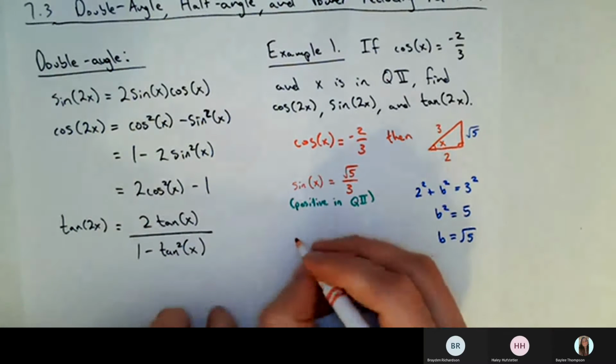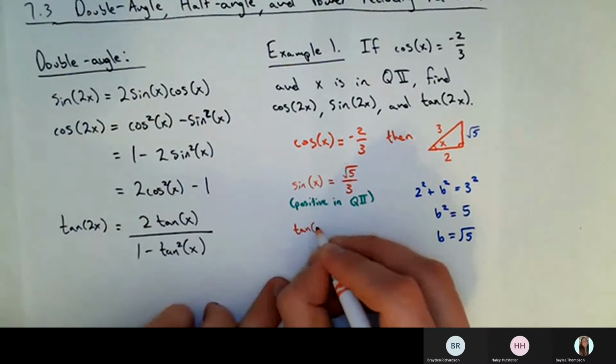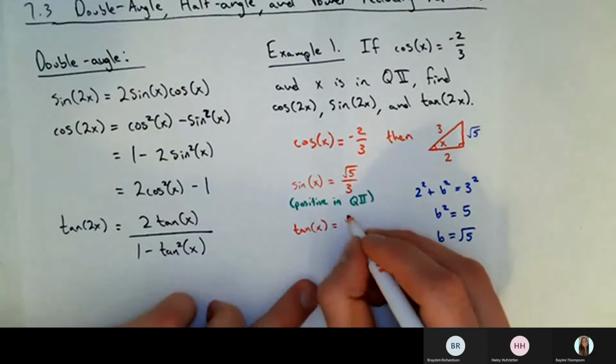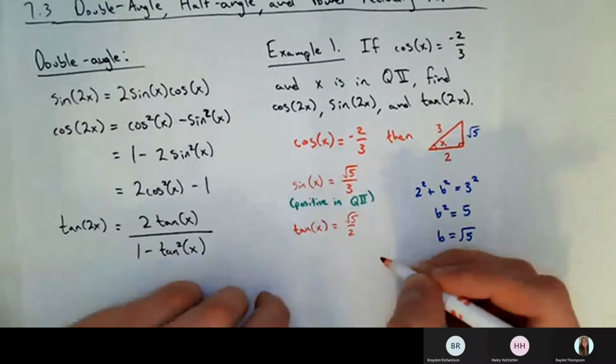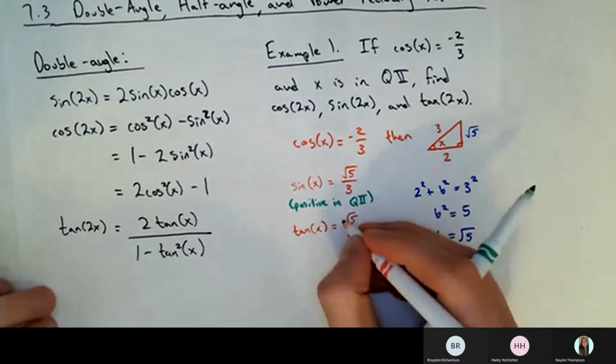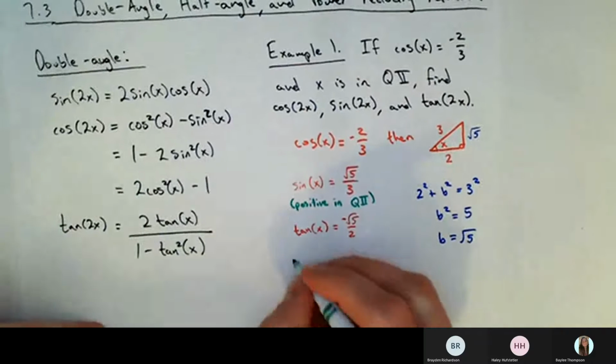I also know that tangent of x is equal to opposite over adjacent, so I'm getting square root of 5/2. And tangent is going to be negative in quadrant 2, right? So negative in quadrant 2.